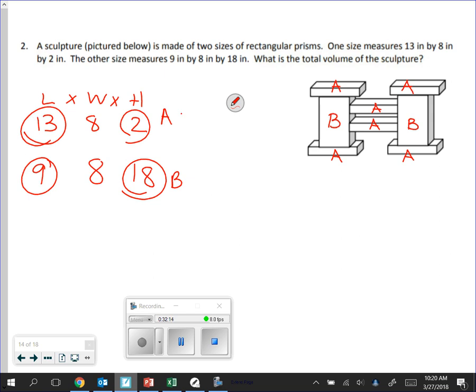Find the volume for A and multiply it by how many times you have it. Then the volume for B, multiply it by how many times you have it. Then you find the total volume of the sculpture because it is stuck together. So get to it, see who gets it right.